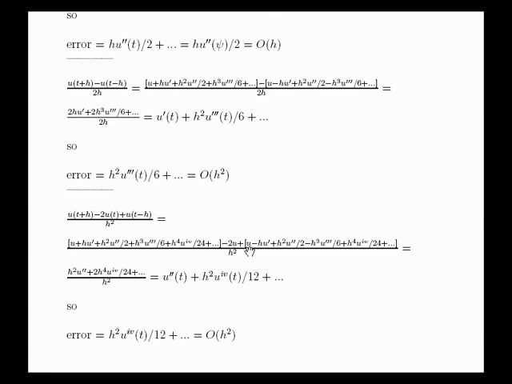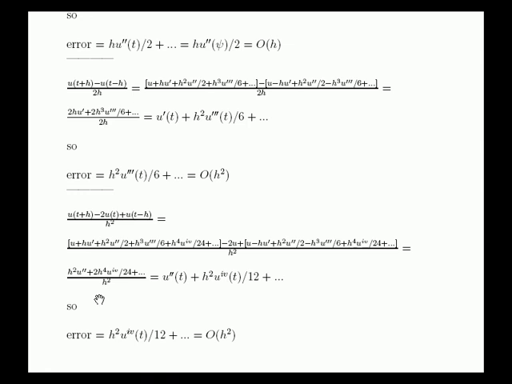And we got a u plus u minus 2u, so the u's all cancel. And now the odd terms cancel, because hu prime minus hu prime, the cubed terms cancel. The even terms add, so now I've got 2h squared u double prime over 2, and I've got 2h to the fourth u fourth derivative over 24.